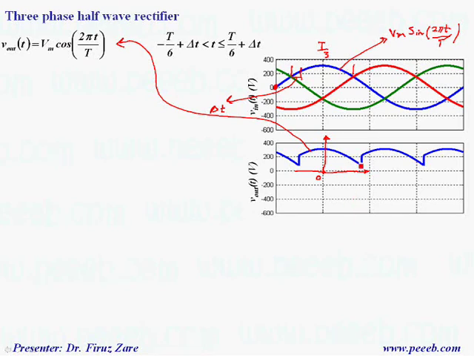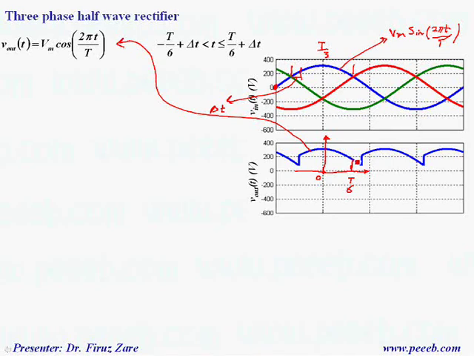So basically, this time is T over 6, and the reason is that the whole period is T over 3, so half of that is T over 6.